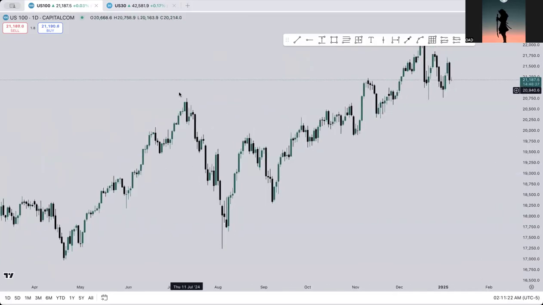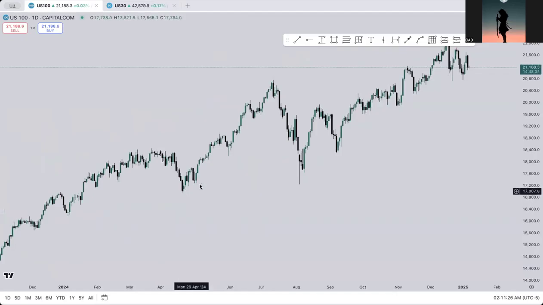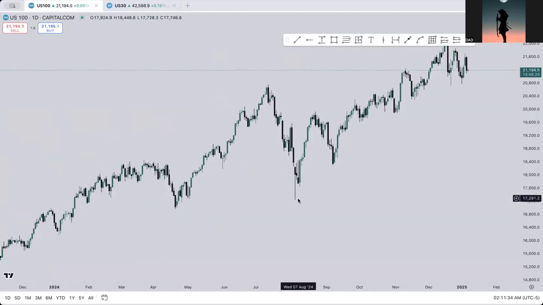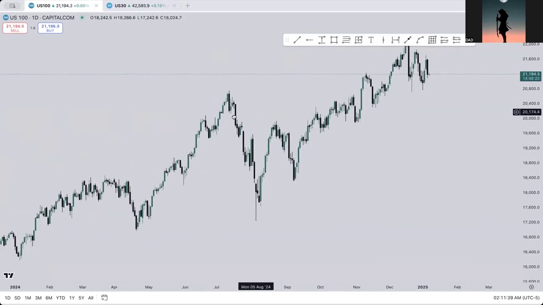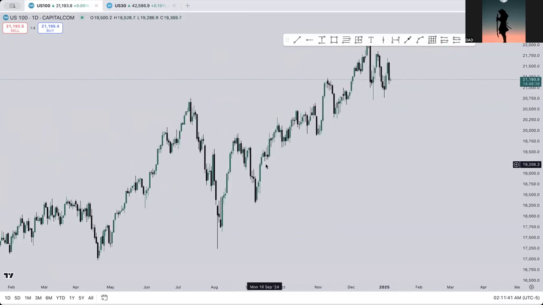So this is another external price range. This is another external price range low. No, this one is internal because it's rebalancing this gap. So this is internal, this is internal, this is internal. You can see they are rebalancing gaps.